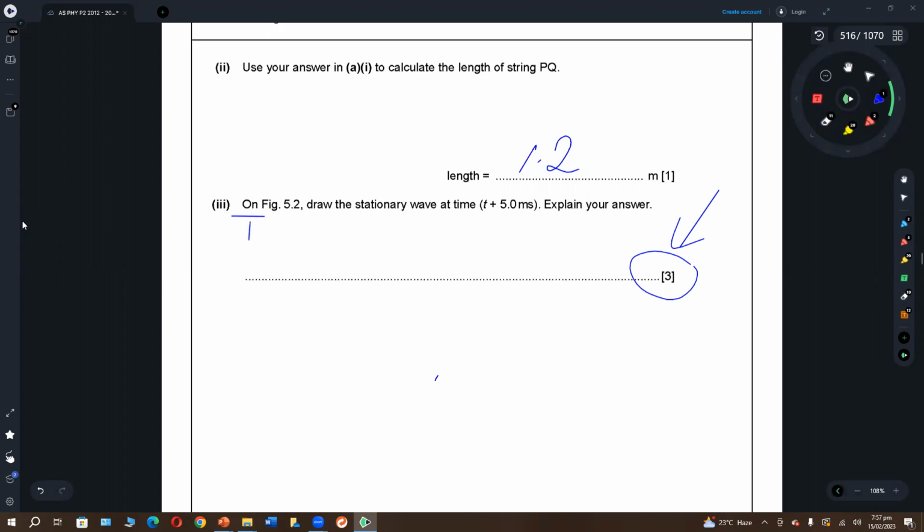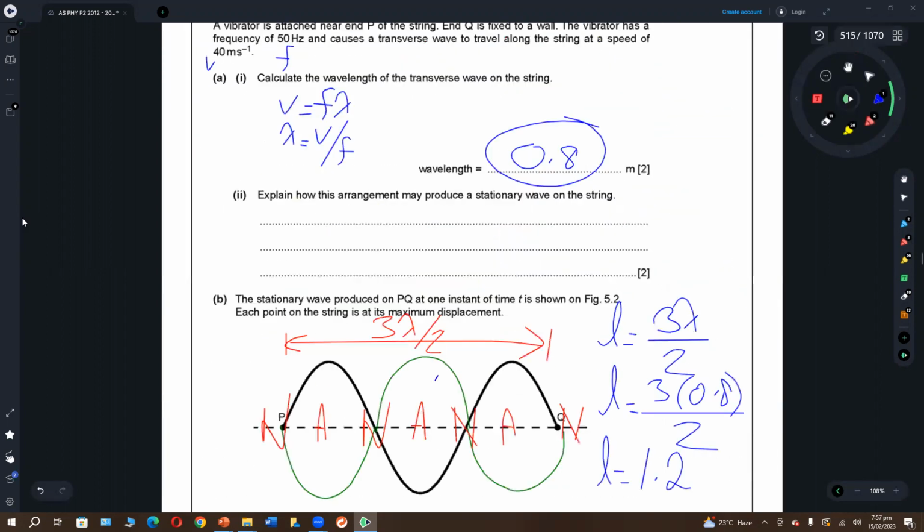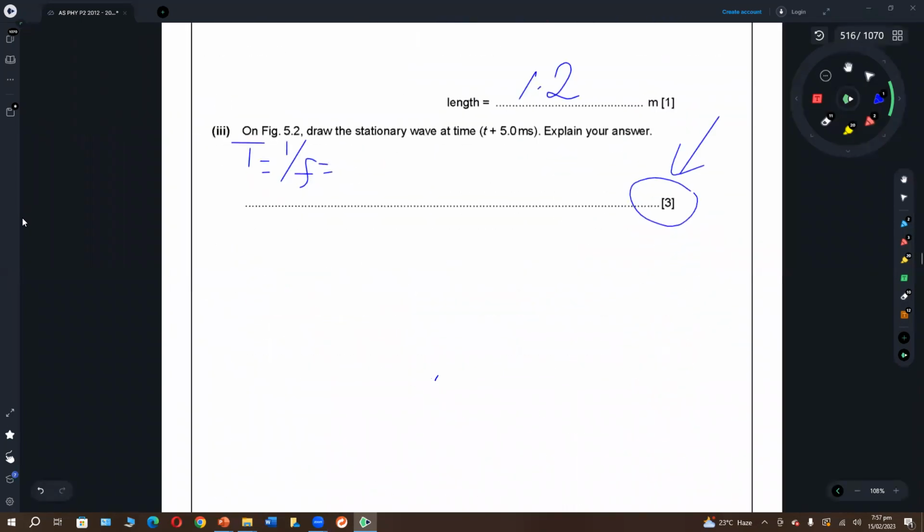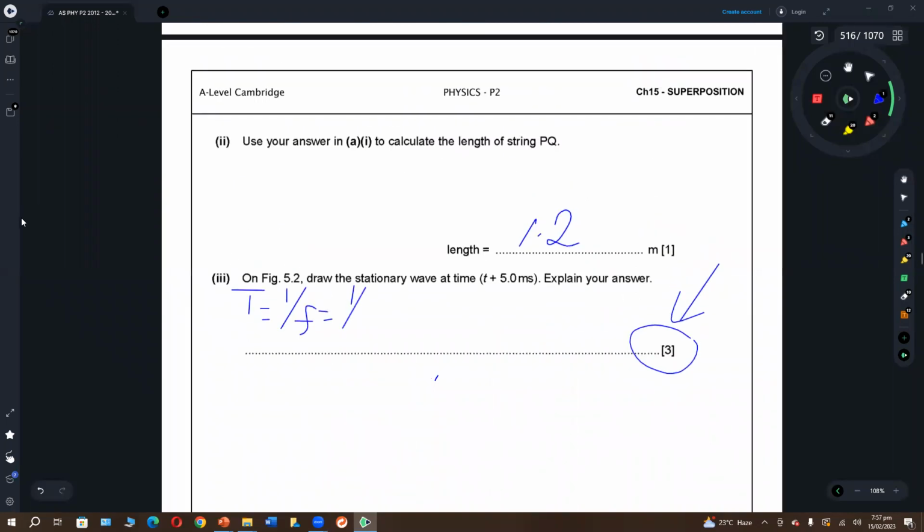So first I find the time period. It is 1 upon f. And I have to see the frequency is 50. So I will say 1 upon 50. Can you solve this? It's 0.02.